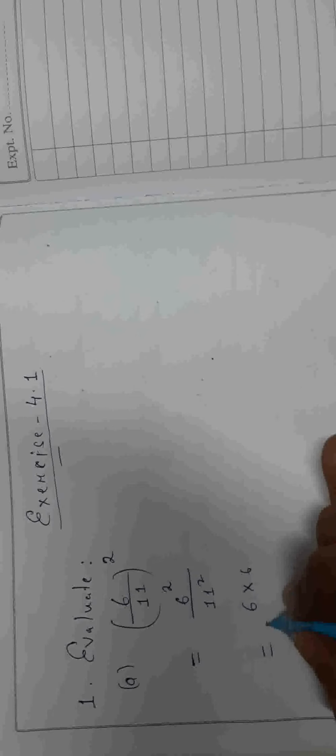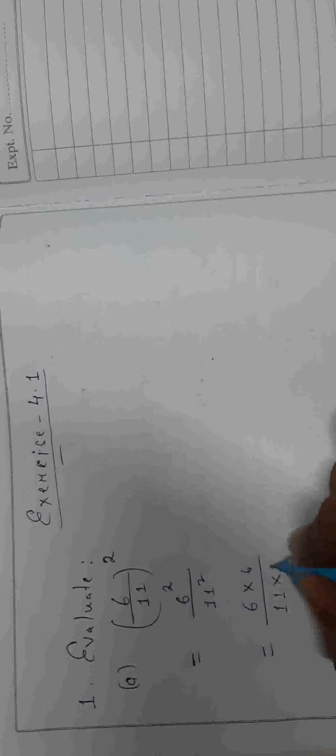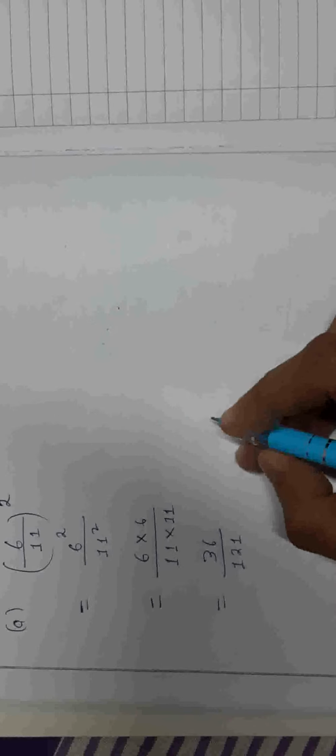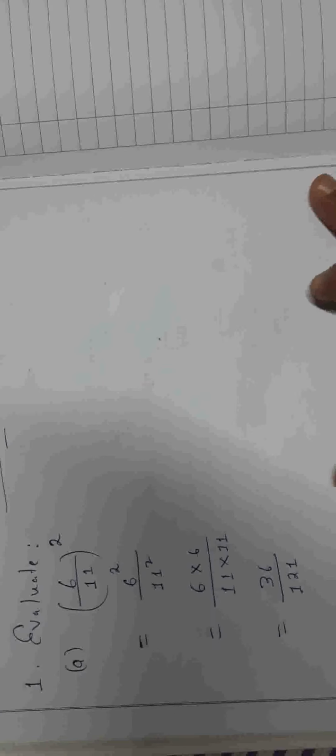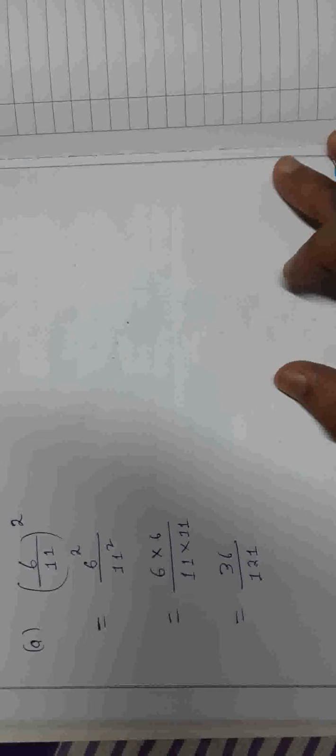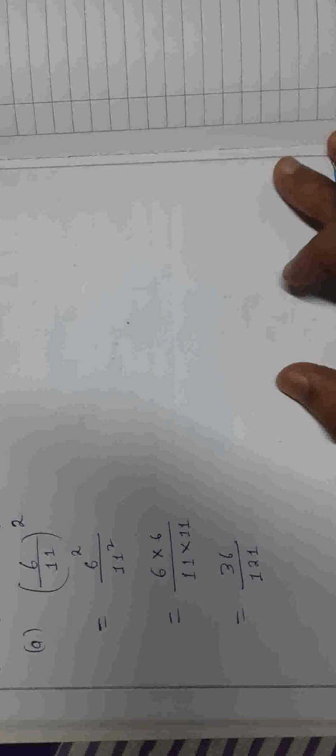So 6 square by 11 square. 6 square can be written as 6 into 6, 11 square as 11 into 11. Now 6 square we know is 36, 11 square is 121. So the answer is 36 by 121.